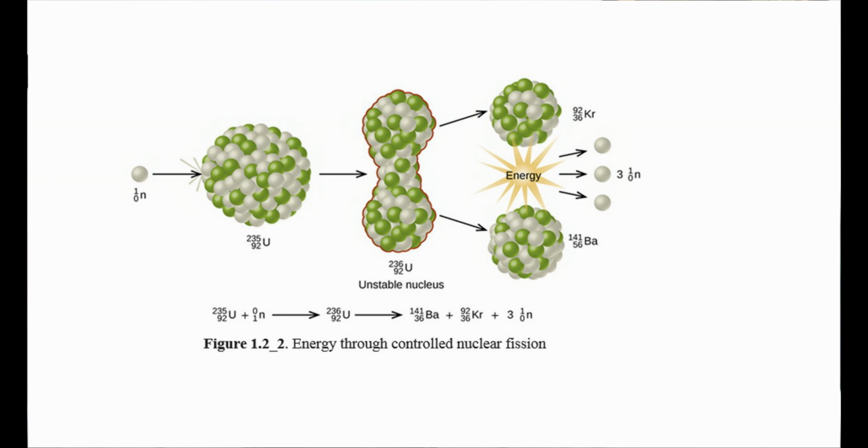The number of neutrons has to be controlled, and some of them will be destroyed just so that things don't go out of hand. Whereas if you're making an atom bomb, then of course you just allow them to multiply as much as they want, so that you have the maximum impact of the bomb. So that's really the main difference.